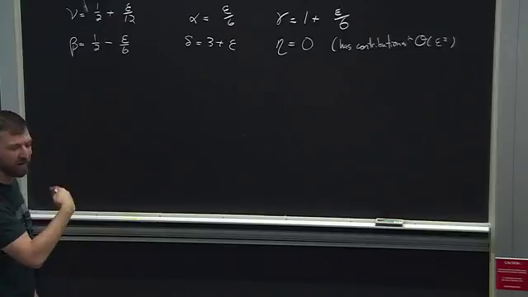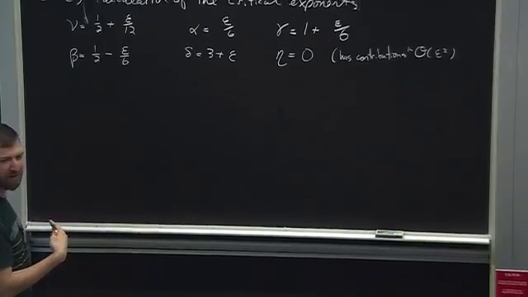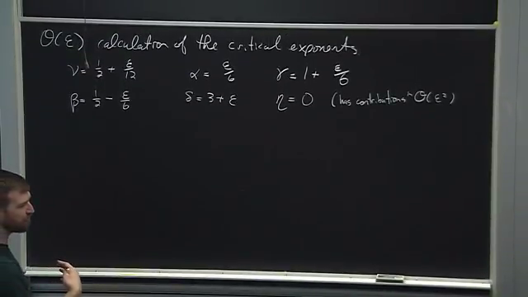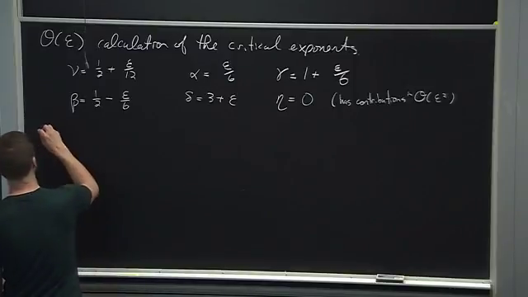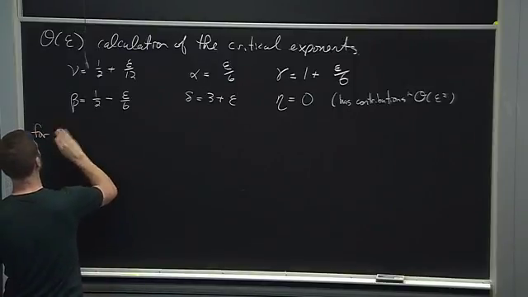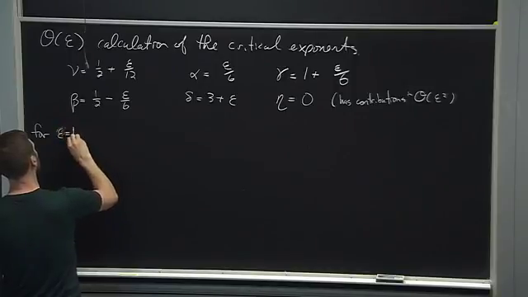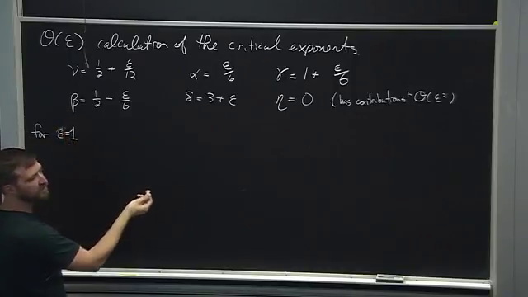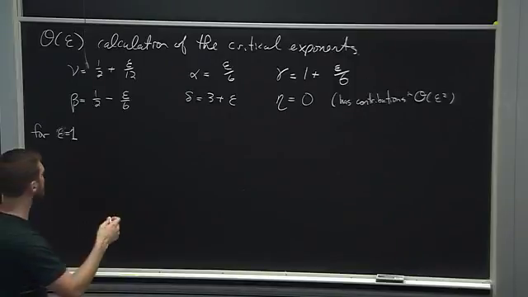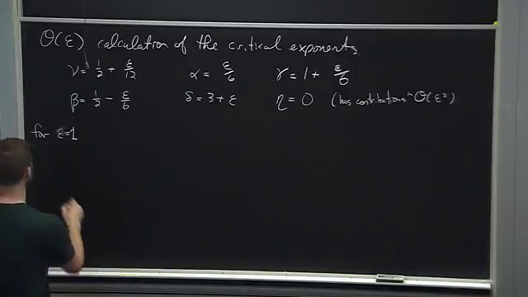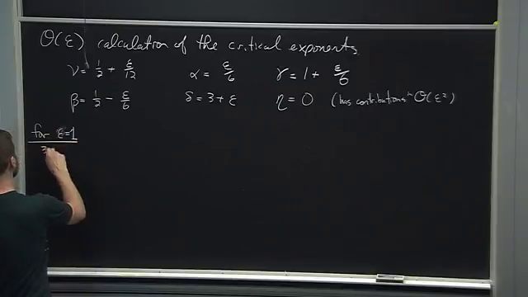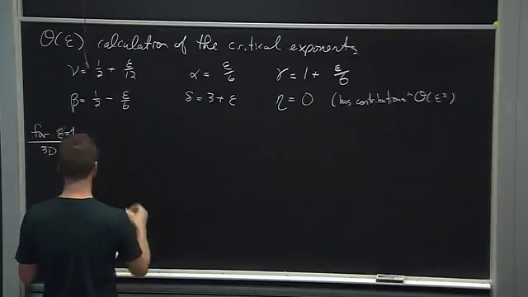So if you want to look at 3D Ising, remember epsilon's 1 in that case, right? So you'll calculate the 2D exponents on the computational assignment because it's computationally easier. Like it's one less dimension, right?